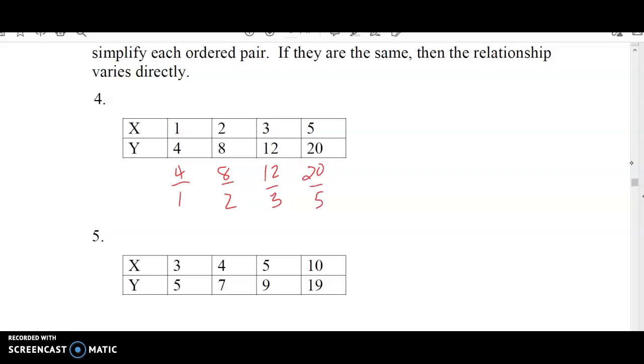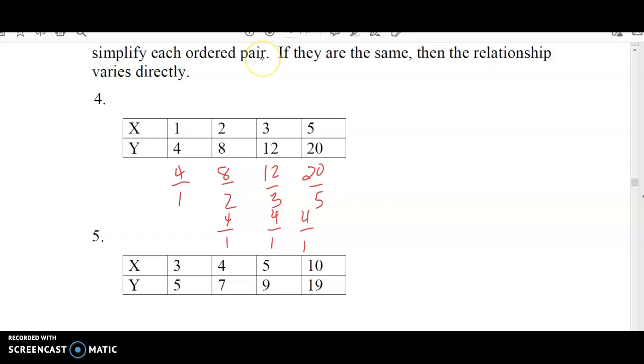Each and every one of those ratios of y over x is going to reduce to 4 to 1. That's 4 to 1, that's 4 to 1, that's 4 to 1. So yes, if I plotted these points, they are going to go through the origin.